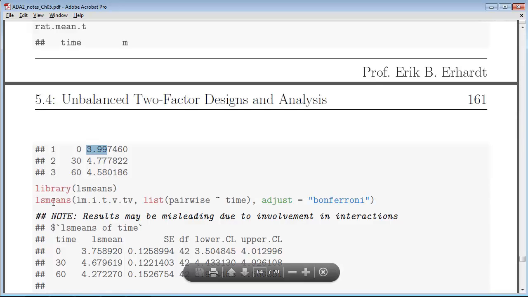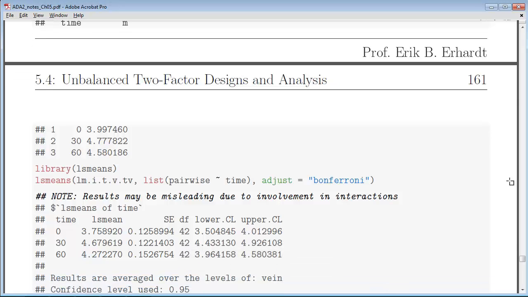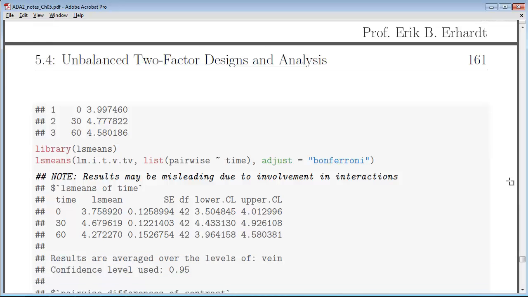And if we use LS means to calculate that, which will do it correctly, we get 3.75. Okay, so it ignores the effective sample size and just calculates the average over the 2 cells. Similarly, 4.77 is different than 4.67, and 4.58 is different from 5.27. All right. You knew that those different numbers were not equal, but there we are.